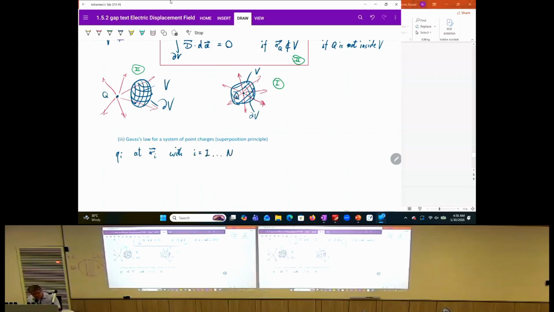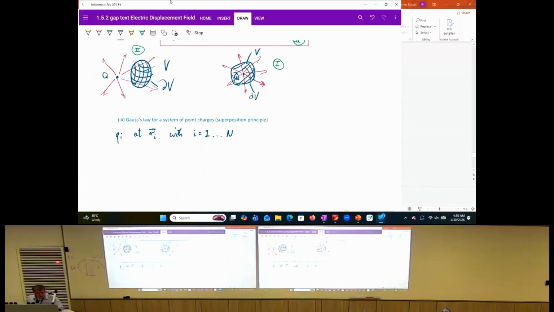Then our charges are located in the volume, in this case now, where R sub i, they are all part of the volume. So Q is the total charge inside the volume.